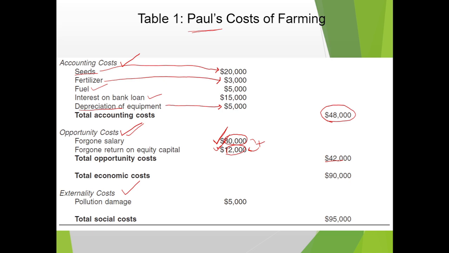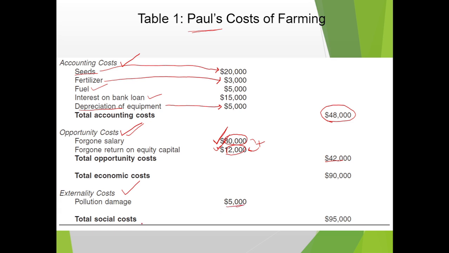Then every economic activity has an externality cost. It is usually the cost to the environment. So while performing farming, the pollution damage is, let's say, $5,000.